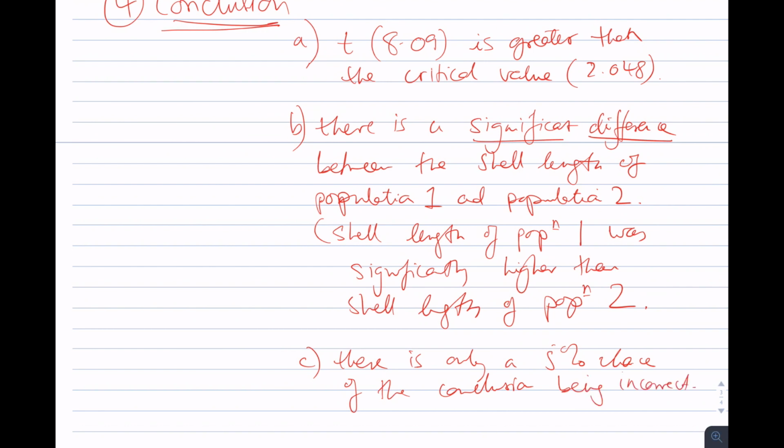Because remember we didn't measure every single mussel on the seashore or wherever. We didn't measure every single one on planet Earth, and so we don't really know. We are basing our conclusion on a small sample of a larger population, and so there's a chance that we are wrong, and the chance that we are wrong is 5%.